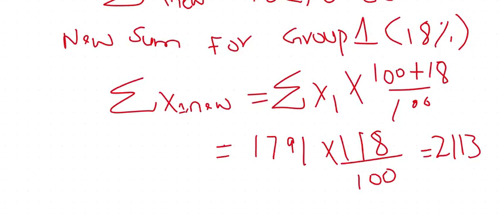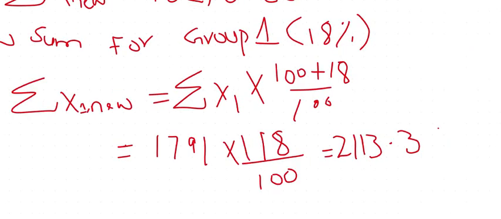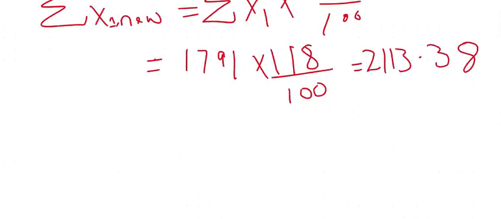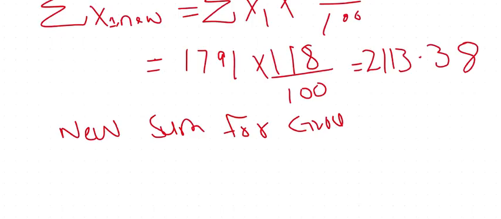Okay, this is the sum of group 1 that is increased by 18%. Now we have to calculate this new sum for group 2, which is increased by k%, okay?